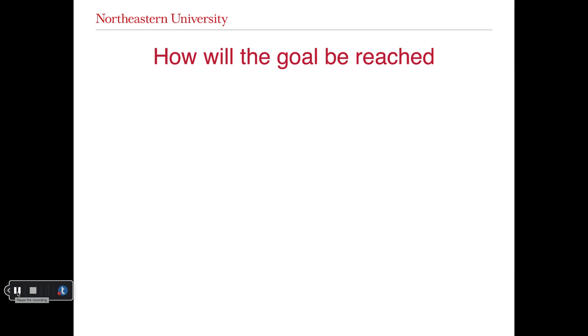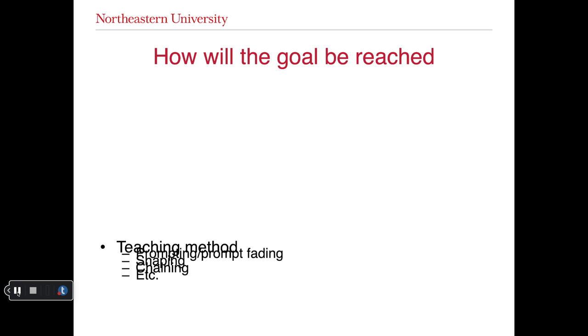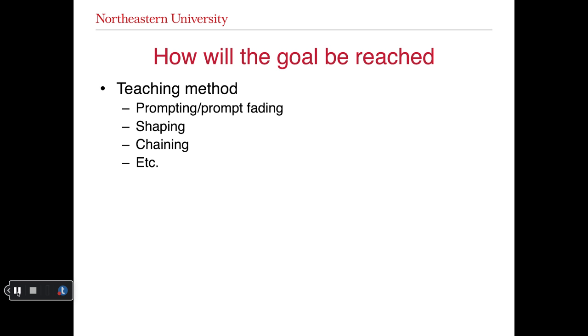So then the next step of designing a teaching plan would be to determine all of the different things that are needed for the goal to be reached. The first of these is going to be the teaching method. Are you going to use prompting and prompt fading, shaping, chaining, a number of different things that you may have learned about in previous classes?